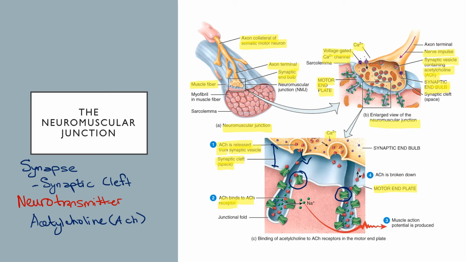Acetylcholine will bind to the receptors, which causes these receptors to open and allow sodium into the motor end plate of the muscle. And this is how a muscle action potential is produced.